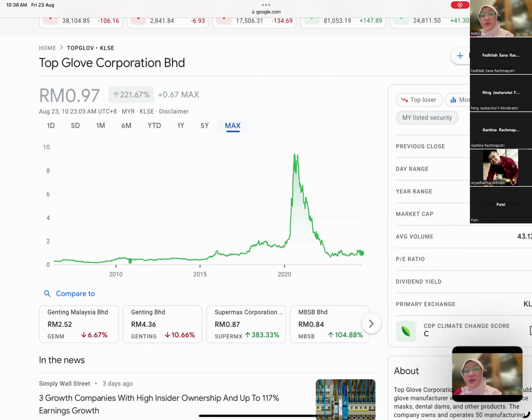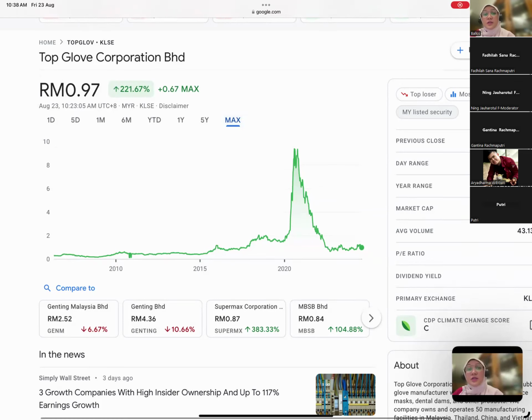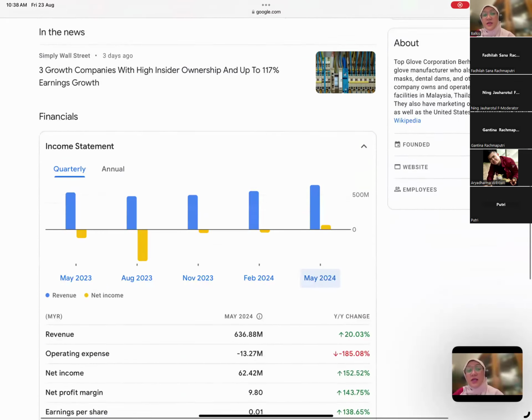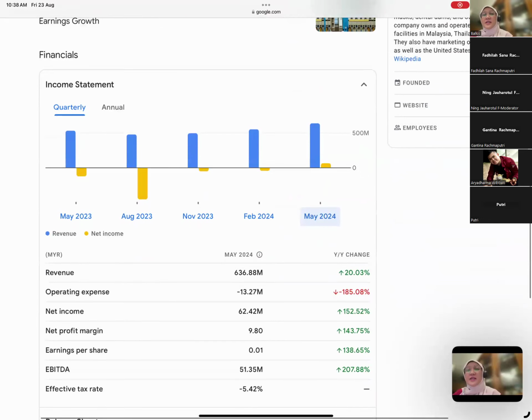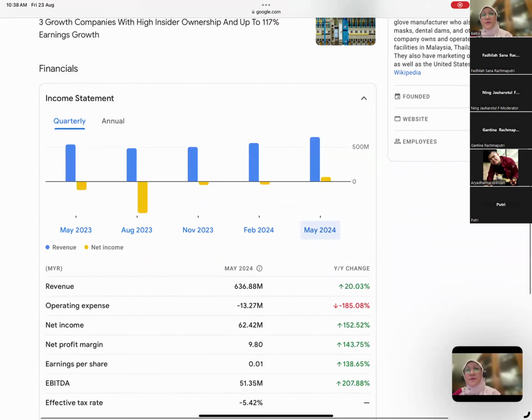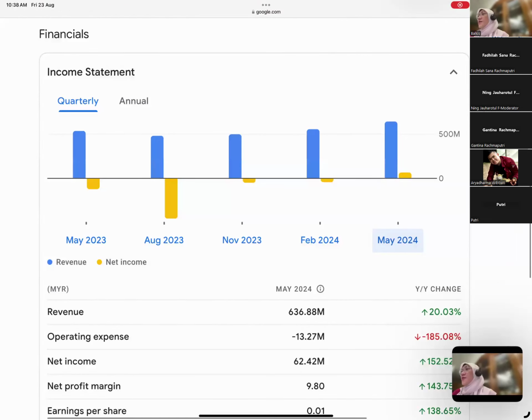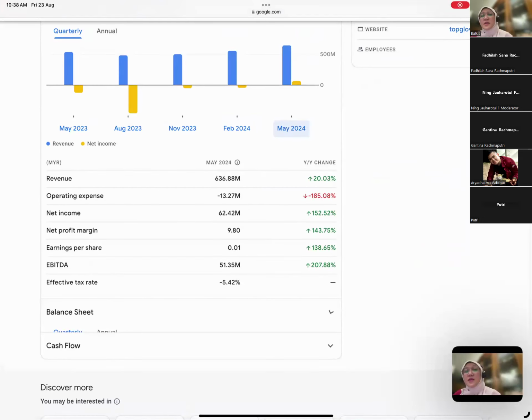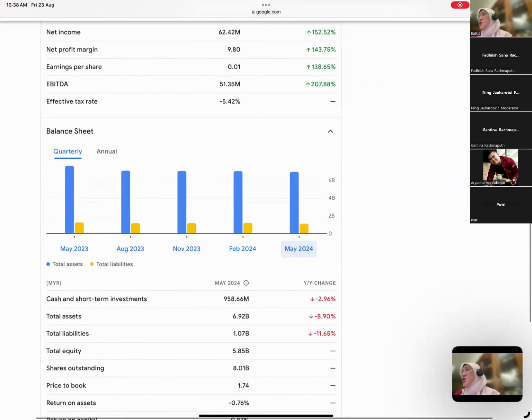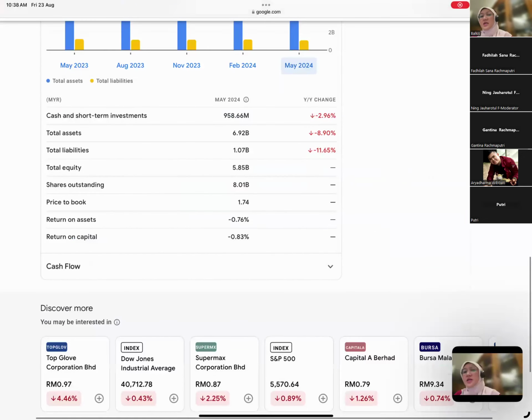In order for us to get the financial data of Top Glove, we go to financial. Under financial, we have income statement, balance sheet, and the other one is the cash flow.